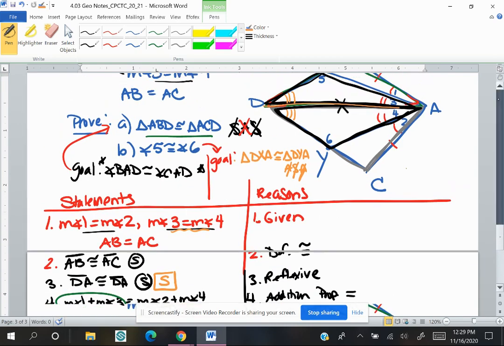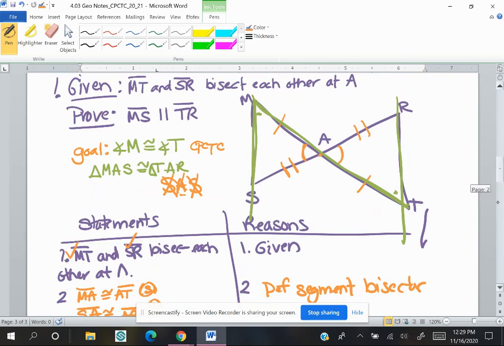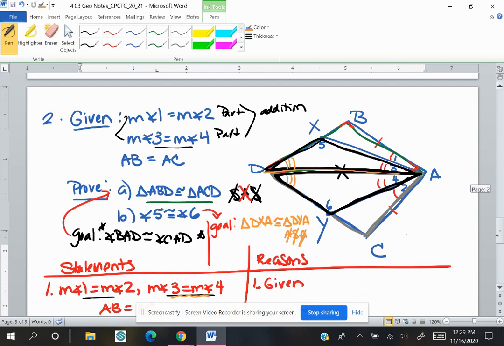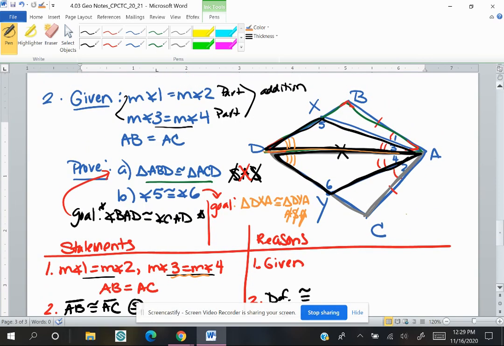Okay, so again, I know this is a long proof and there's a lot going on. So really try to go back through, make sure it makes sense to you, and try redoing it on your own as well, which would be really helpful. So again, you're getting your triangles congruent, use different colors if that helps. You had to get 1 plus 3 equal to 2 plus 4 to get those full angles congruent. Then we had the top triangle congruent by side, angle, side to the bottom triangle.